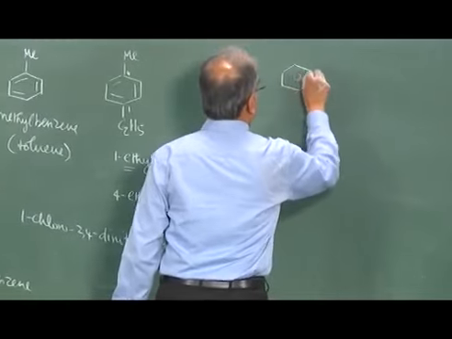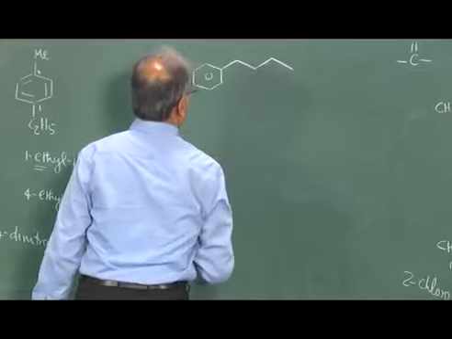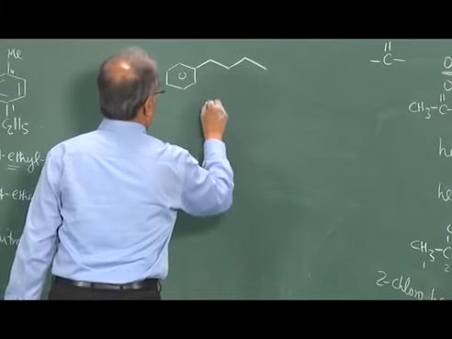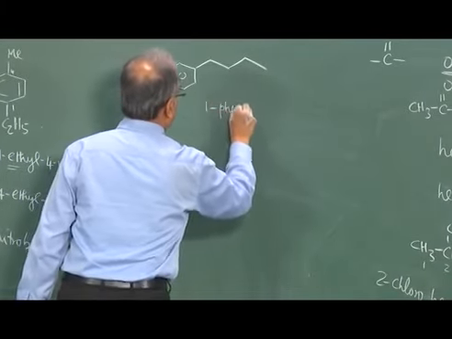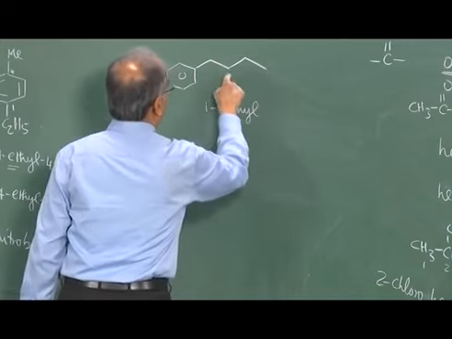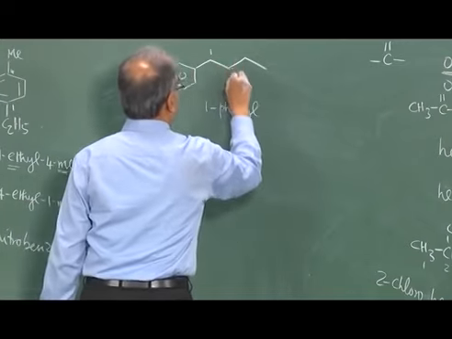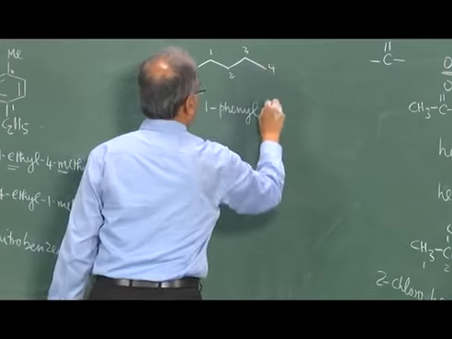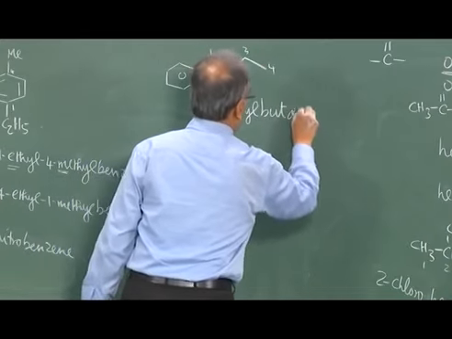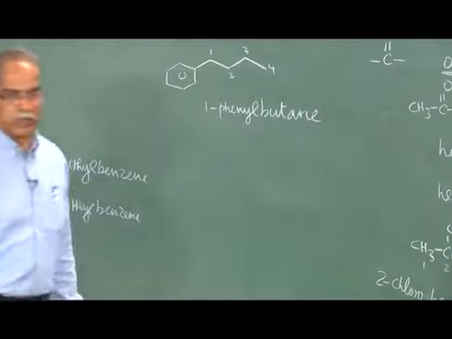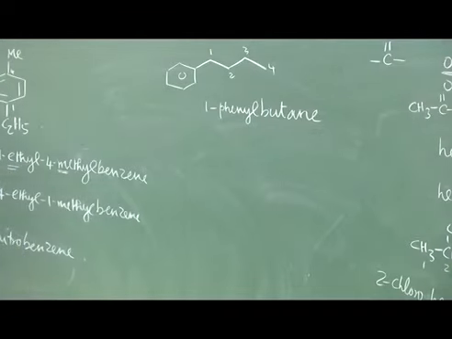Phenyl is always taken as a substituent. So, if you have to name this particular compound, this would be 1 phenyl. There are 4 carbon units, 1, 2, 3, 4. 1 phenyl butane is the correct nomenclature for this particular compound.